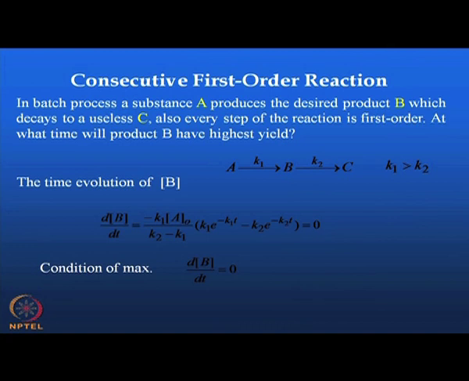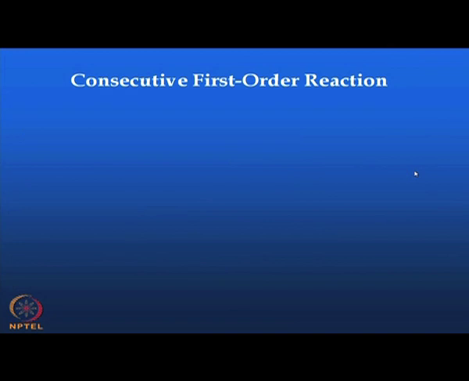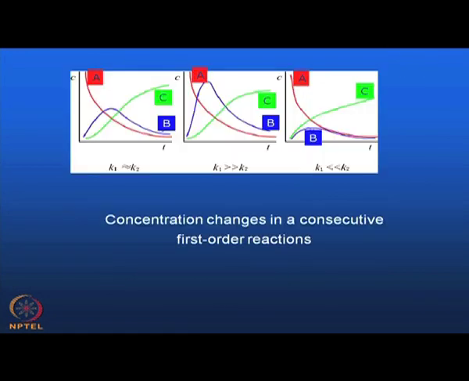Also think that these two steps are first order for simplicity, and also K1 is greater than K2. K1 greater than K2 is the case which we discussed. Let us go back to the slide where these plots are given for K1, K2. We will refer to this plot.